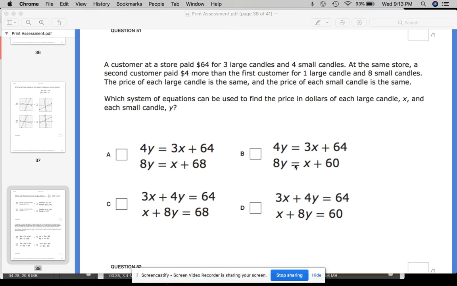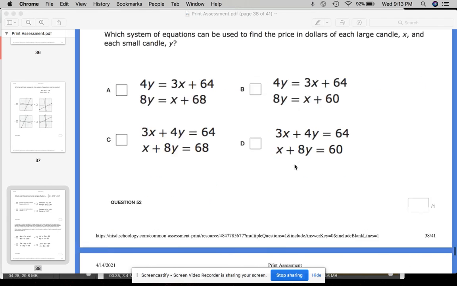A. 4y equals 3x plus 64, 8y equals x plus 68. B. 4y equals 3x plus 64, 8y equals x plus 60. C. 3x plus 4y equals 64, x plus 8y equals 68. D. 3x plus 4y equals 64, x plus 8y equals 60.